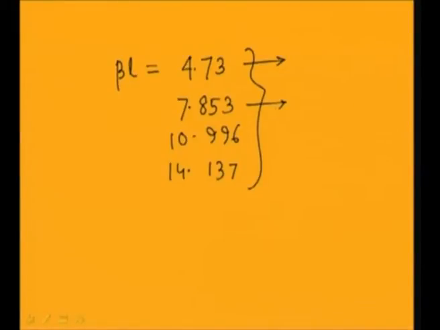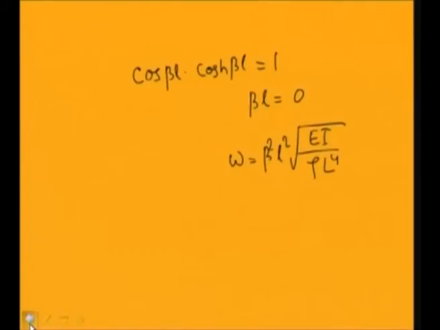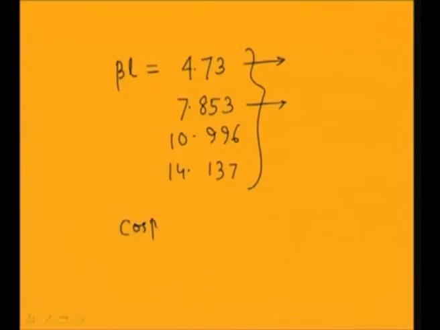So in this case, if you look at higher modes, similar to the previous case, cos beta L into cosh beta L equal to 1. For higher values of beta L, cosh beta L tends to infinity, so cos beta L equal to 1 by infinity. So this becomes 0. As cos beta L equal to 0, you can find beta L. It is similar to that in the case of the cantilever beam.